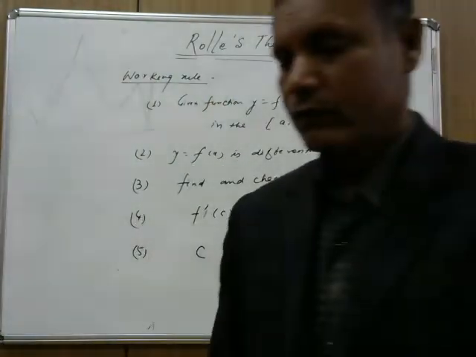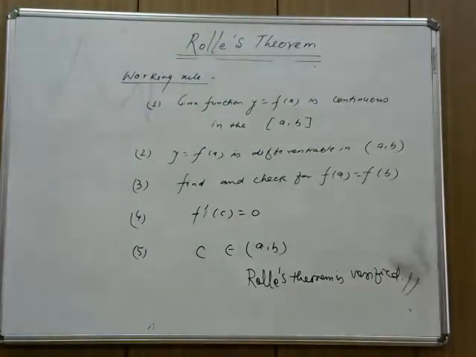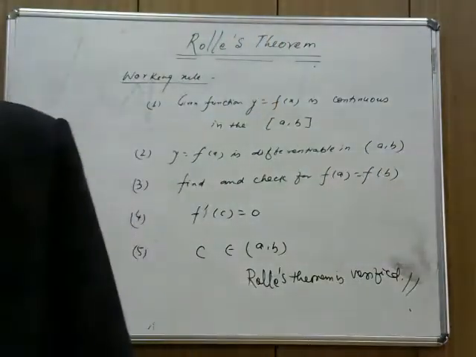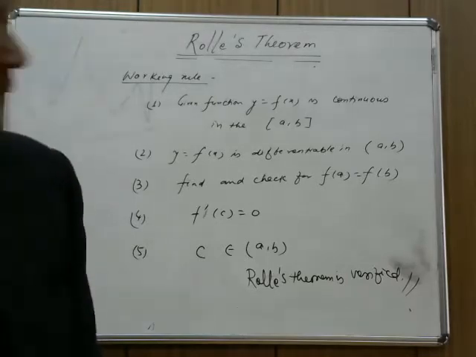Right? Now I'll go for one question. Suppose the question is, verify the Rolle's theorem for the given function y is equal to x square plus 2 in the interval minus 2 to 2. Right?